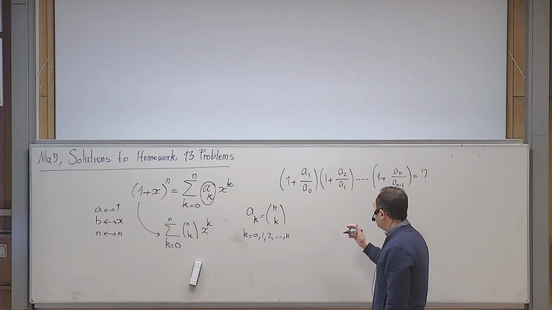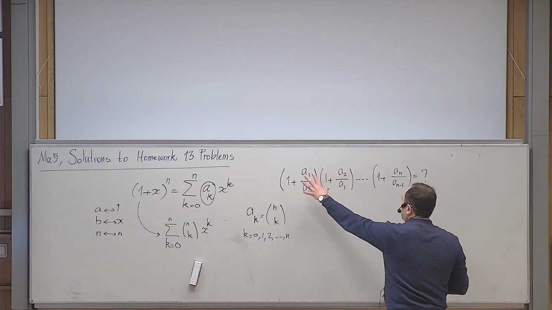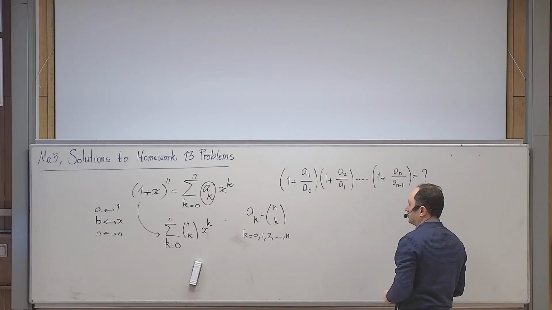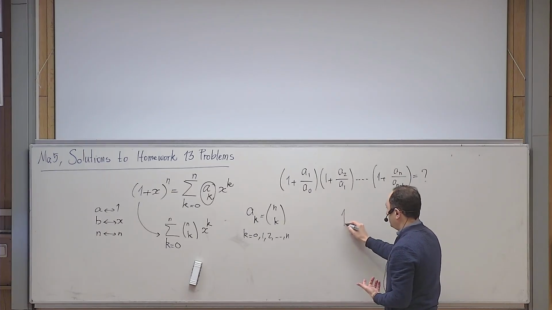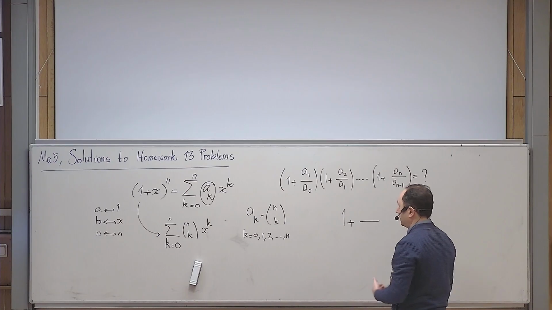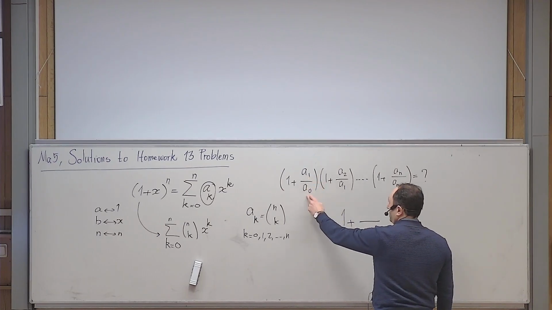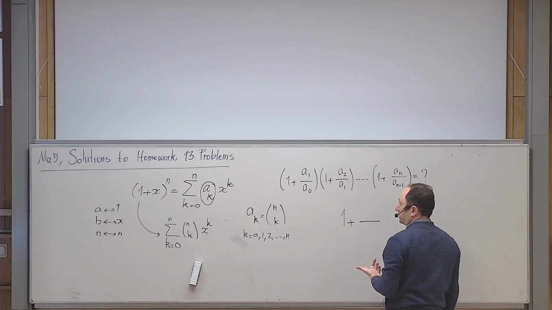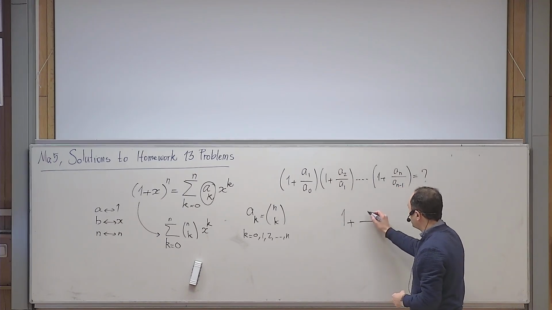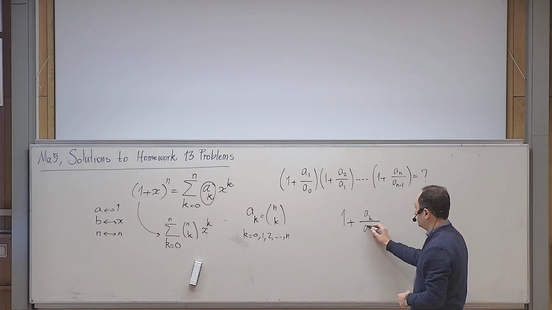So what do I mean by that? For example, if I want to pick one of them, you see that the structure is 1 plus a fraction, and this is a and a, but they differ by 1 unit. For example, if I choose this one to be a sub k, what should I write for this one?